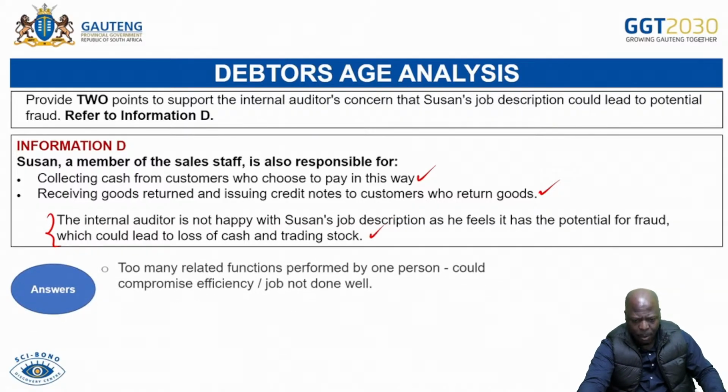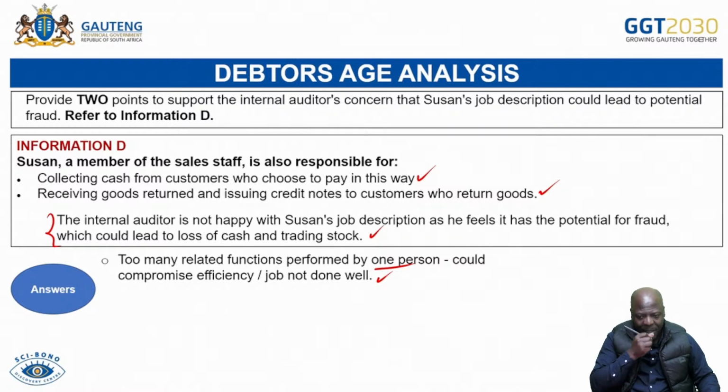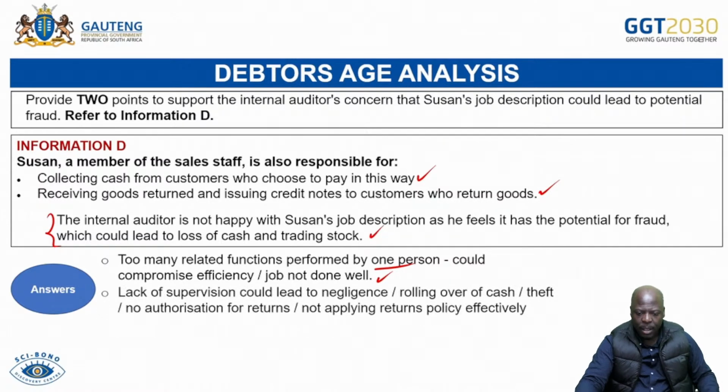So here are the answers. Number one, why should the auditor be concerned? There's too many related functions performed by one person. This would compromise on efficiency, and then we end up with a job not being well done. There's lack of supervision, and this could lead to negligence.